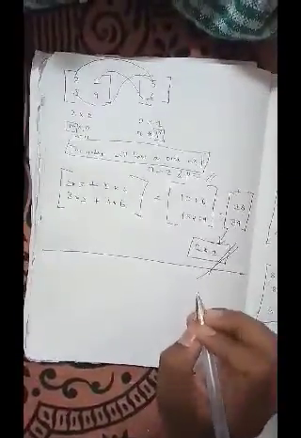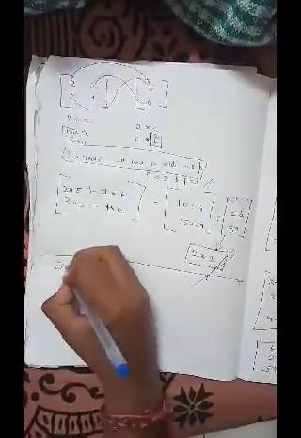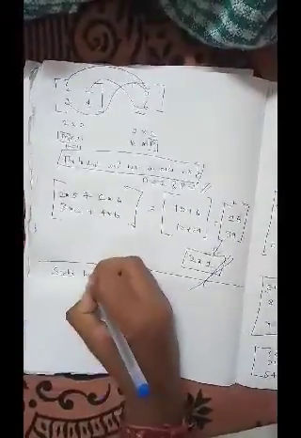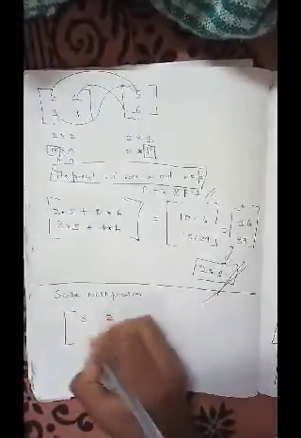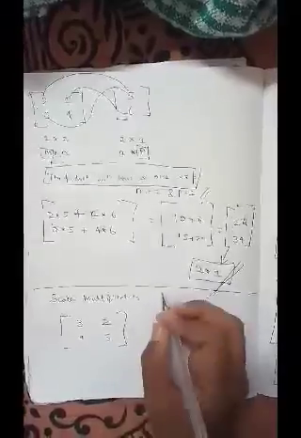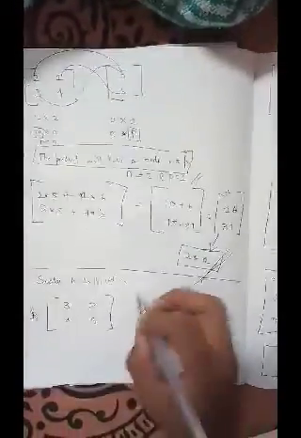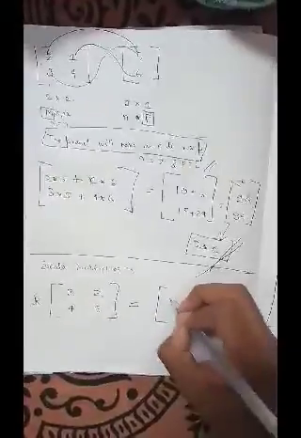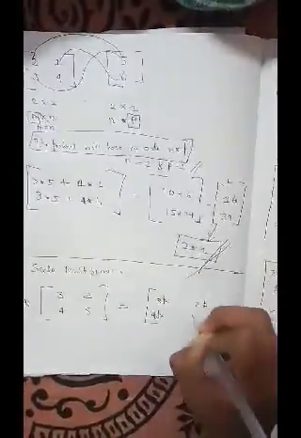But before the conclusion, I would also like to put light on the topic of scalar multiplication. Suppose I take any matrix, like a 2 into 2 matrix, 3, 2, 4, 5, and I try to multiply it with a scalar quantity, suppose k. The product would be 3k, 2k, 4k, 5k.